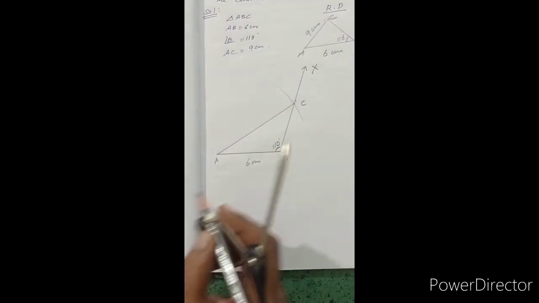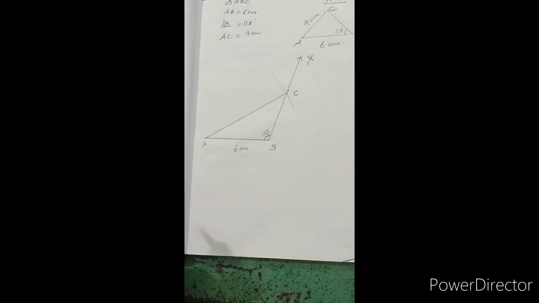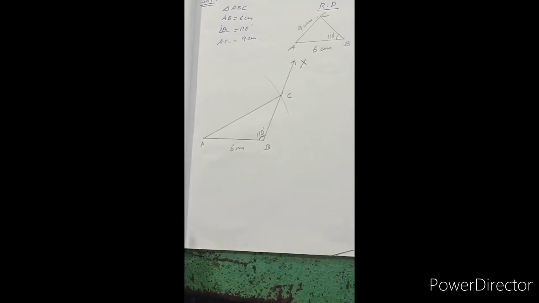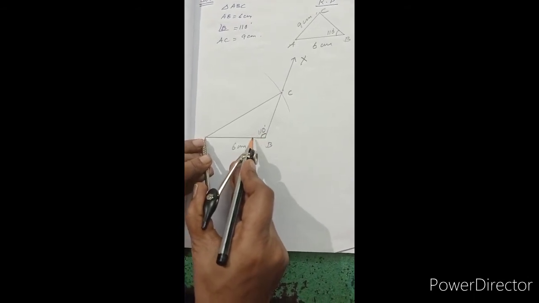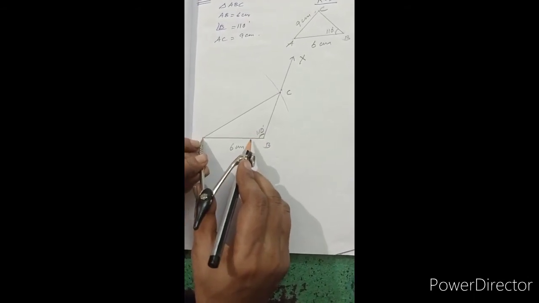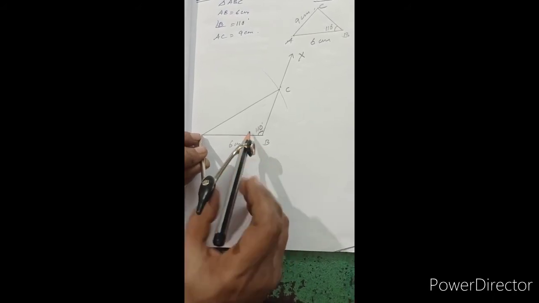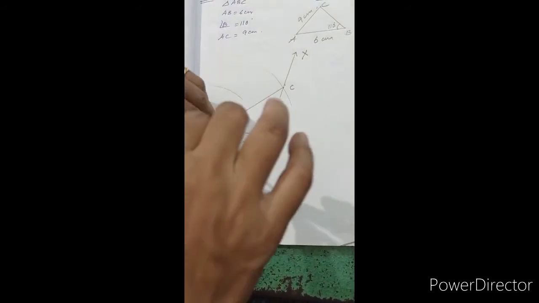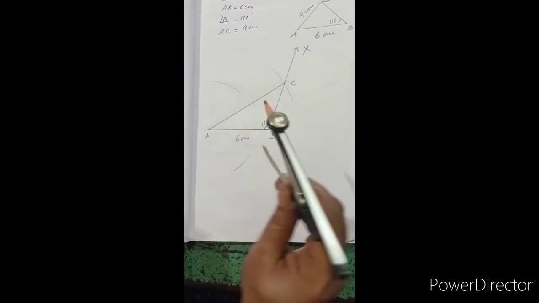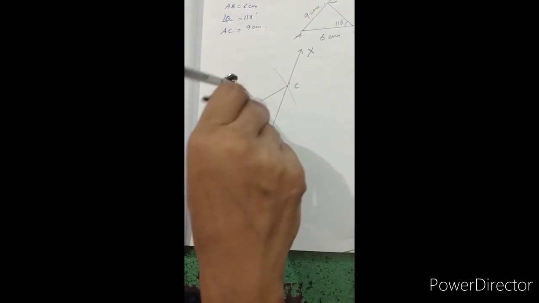Now construct perpendicular bisector for any two sides of the triangle. For that, take more than half of this side as radius in our compass. Draw arcs like this, with the same radius B as center.